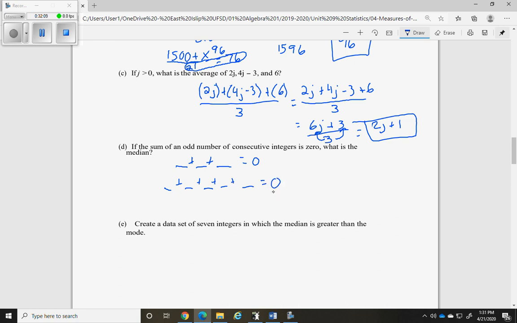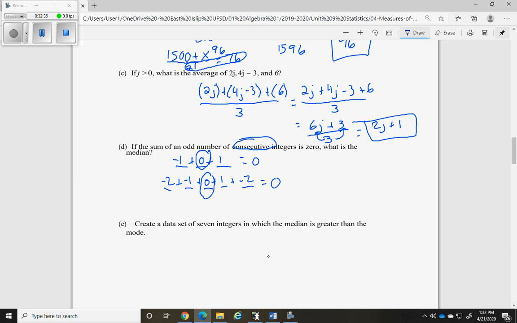They're asking what's the median, so they want to know what this middle number is, or what this middle number is. It really doesn't matter if it's consecutive integers, and it has to add to be 0. This middle number must be a 0, because this would be like a -1 and a +1. This middle number has to be 0. I'd have -2, -1, 0, +1, +2. It's the only way it could give me a sum of 0.